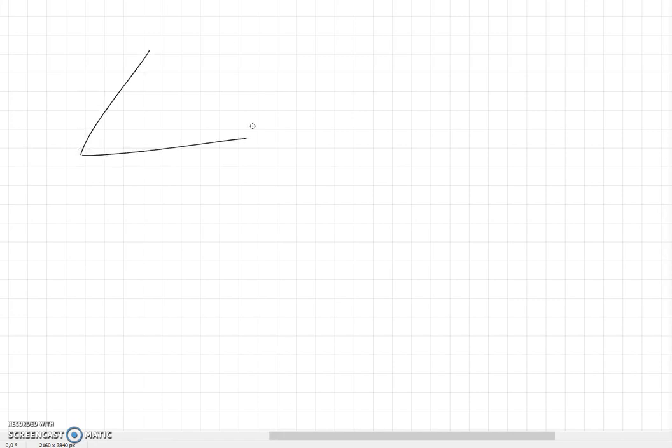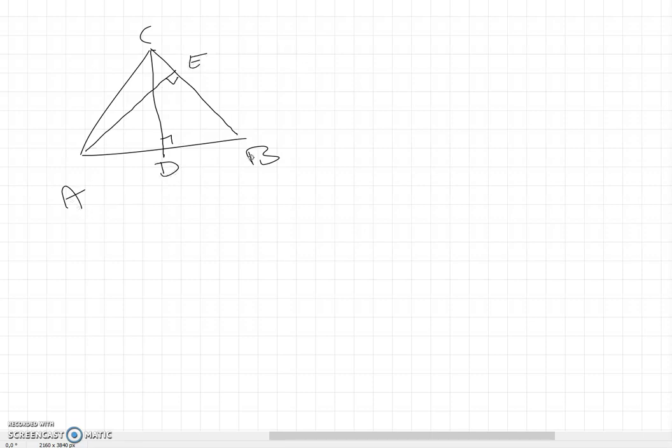If we have some triangle ABC, and we have at least two altitudes somewhere, then we can say that AB times CD should be equal to BC times AE. This is also base times altitude, or base times height. And following the same proof as above, this should be true.